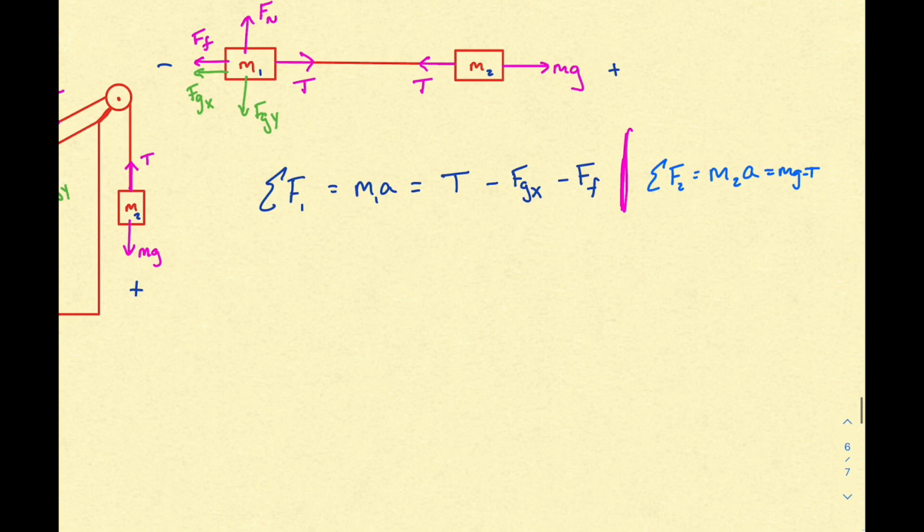So I will do that now. This next line is now going to look like m1 a is equal to the tension minus mg sine theta, substituting in that Fg x, minus mu mg cosine theta. That's quite a bit.